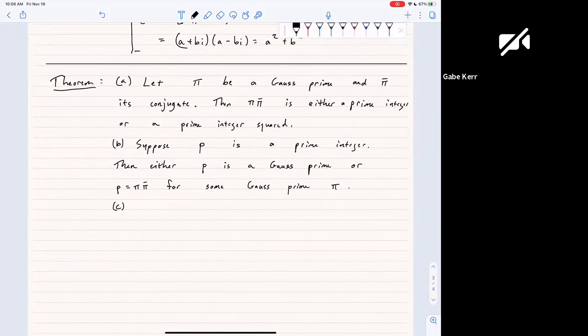This gives us this definite answer to what stays prime. So the integer primes that are also Gauss primes are all primes p that are congruent to 3 mod 4.